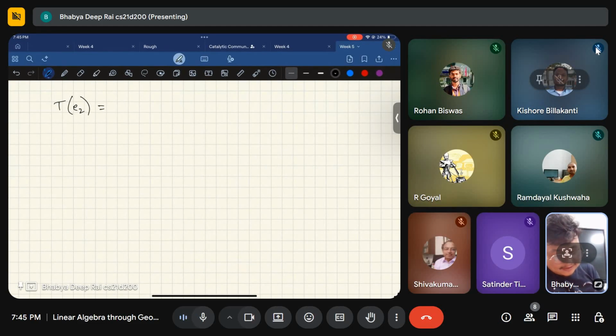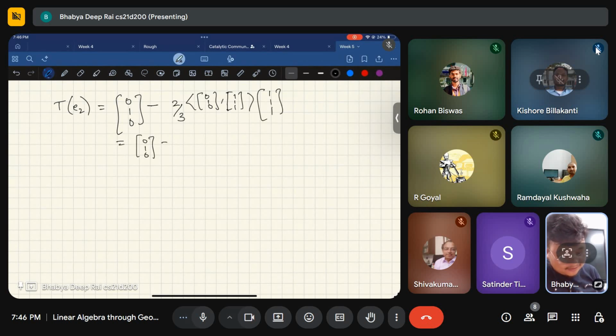T of E2 is 0, 1, 0 minus 2 by 3 times the inner product of 0, 1, 0 and 1, 1, 1, times 1, 1, 1. Which is equal to 0, 1, 0 minus 2 by 3, and this inner product becomes 1 again.